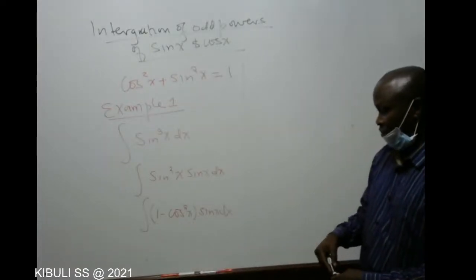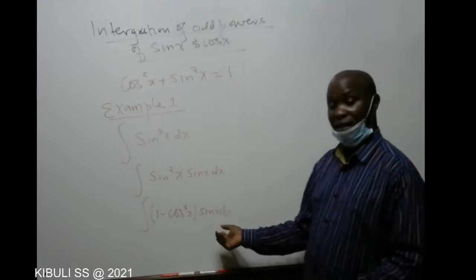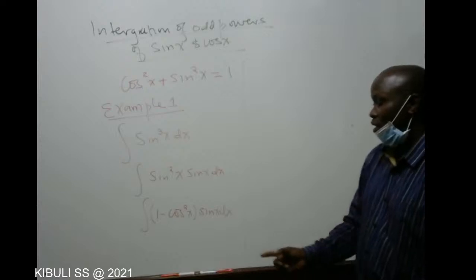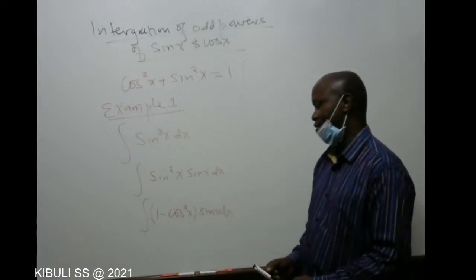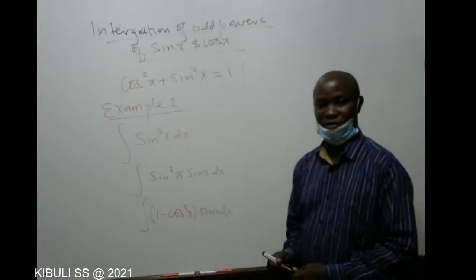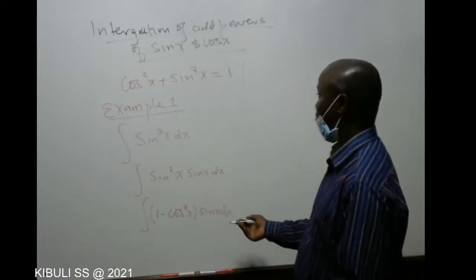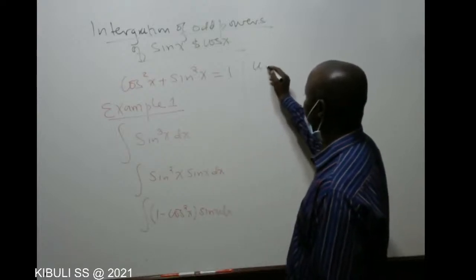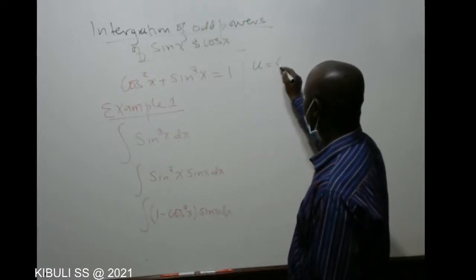And the derivative becomes a minor. Therefore, cos squared x times sin x. Since cos has the highest power, then cos is the function.